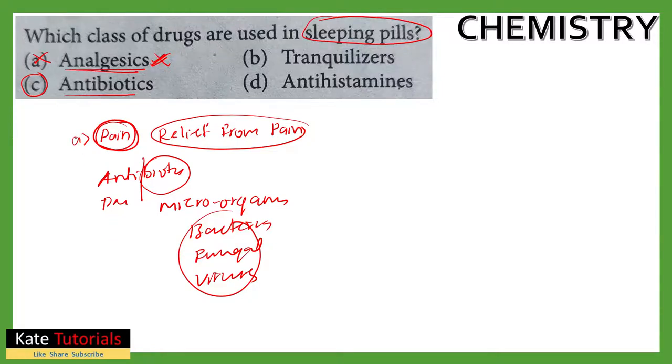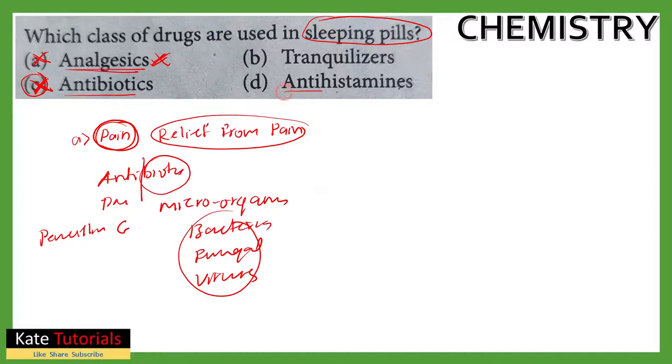Those drugs are the antibiotics: antibacterial, antiviral, antifungal, antiparasitic. For example, penicillin G or penicillin, and also so many examples, amoxicillin. So these drugs are the examples for antibacterials. So our option C is also not the option because it is not going to give any sleep, and also A is not going to give any sleep.